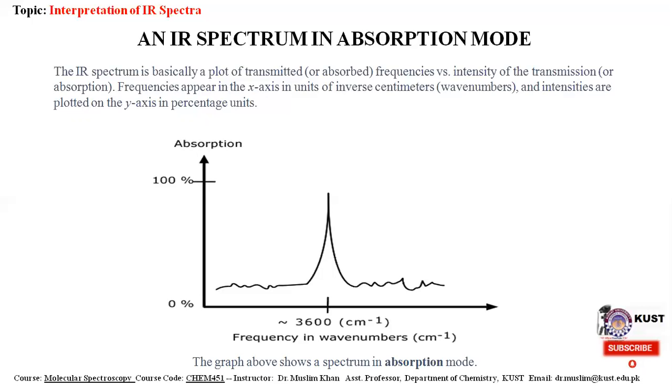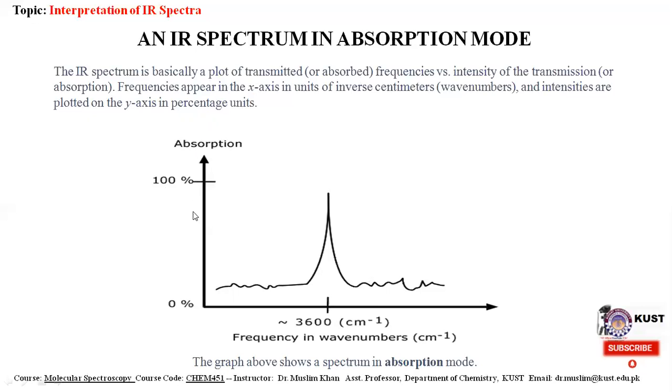So basically in IR spectra, you are measuring that absorbed radiation. So the IR spectrum is a plot of transmitted radiation or absorbed radiation versus the intensity of the transmission or absorption.